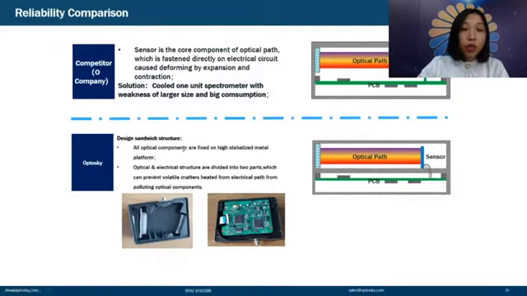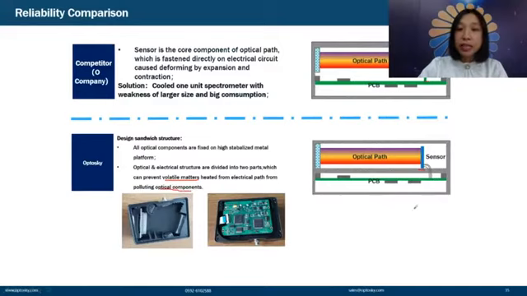All optical components are fixed on the highly stabilized metal platform. This way can prevent volatile matter and heat from the electrical paths from polluting the optical performance.